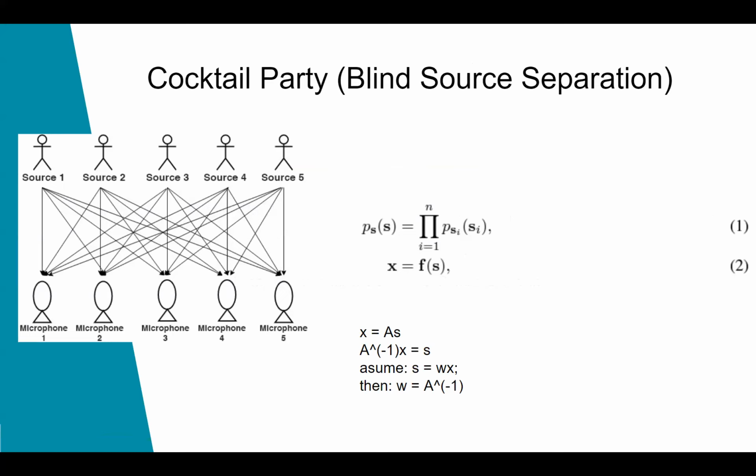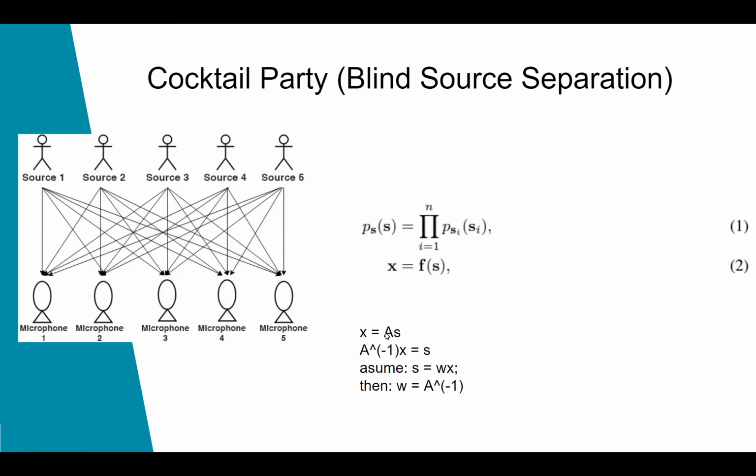But I'll go through it from zero. In the area we have different sources from different people, and we have microphones or sensors to collect the sources. We give a weight to each of these sources, since the sensors collect them from different locations and directions, and we consider it a linear combination with those weights.